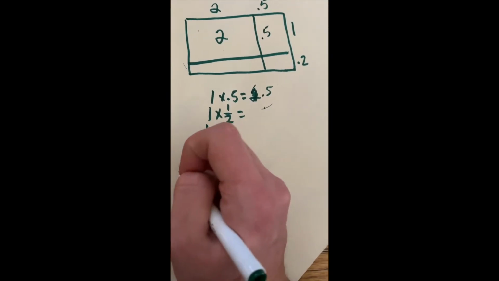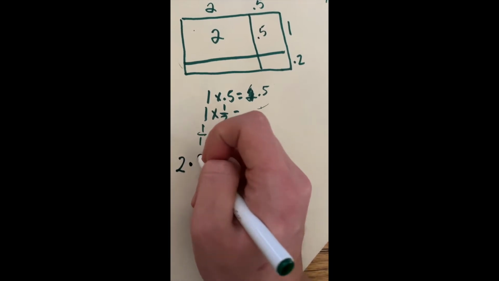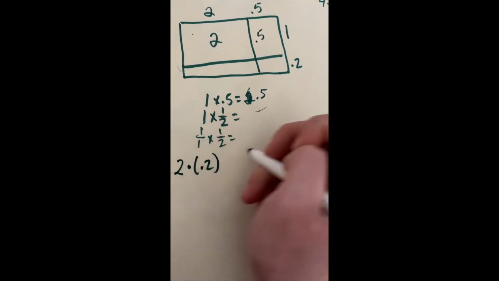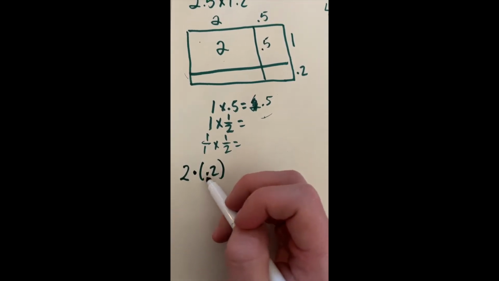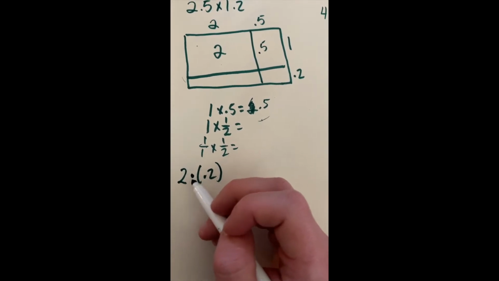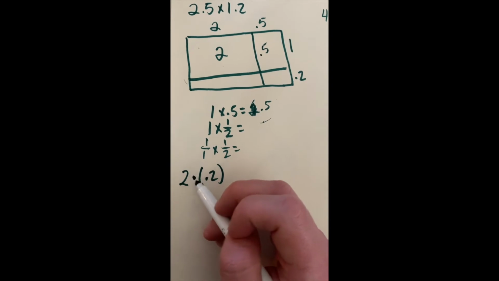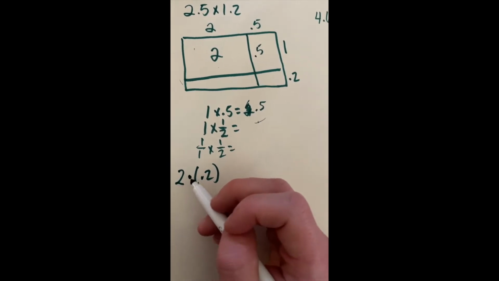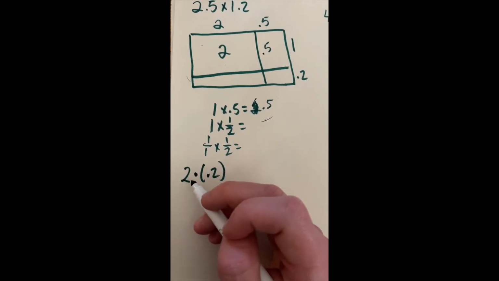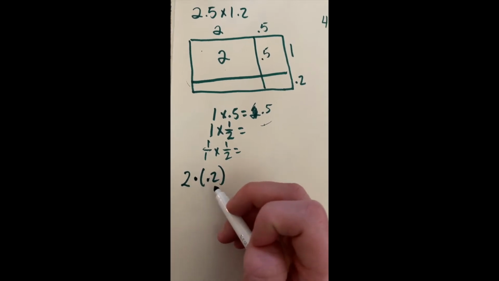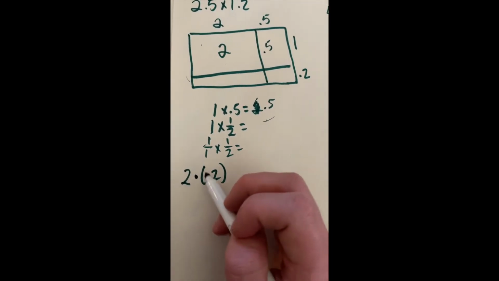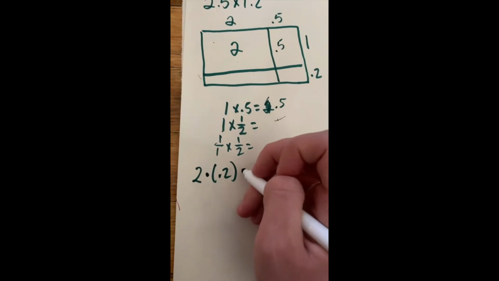So we're going to say 2 times 0.2. The reason I'm putting my 0.2 in parentheses is because I'm going in between using our X as a multiplication symbol and our dot as a multiplication symbol. When I use this dot, I don't want to confuse you and make you think that this is 2.2. So this is 2 times 0.2.